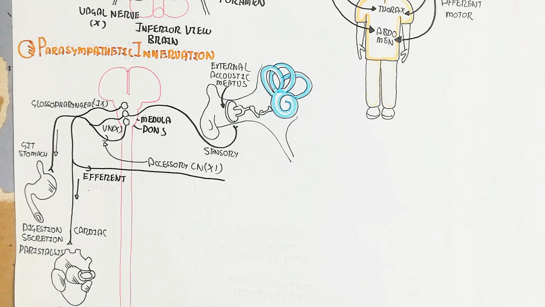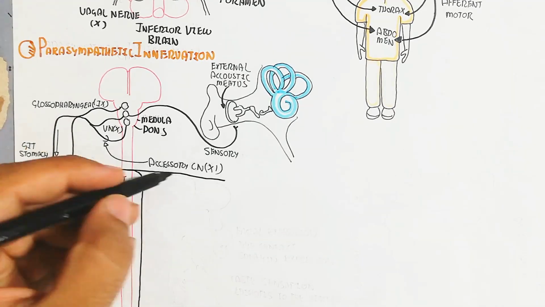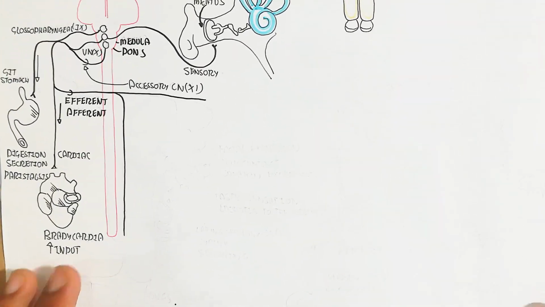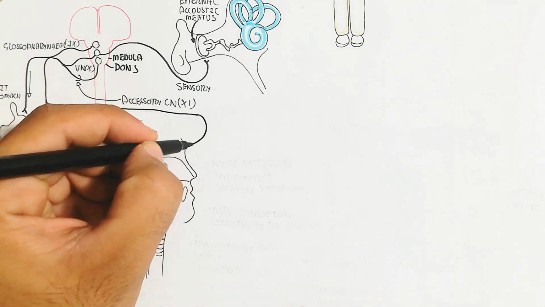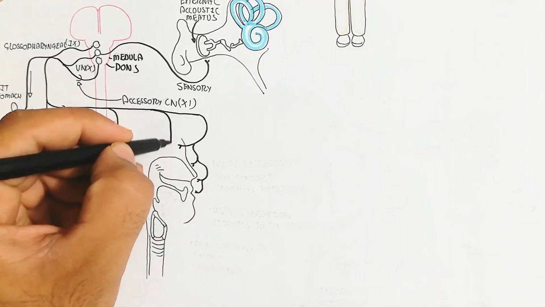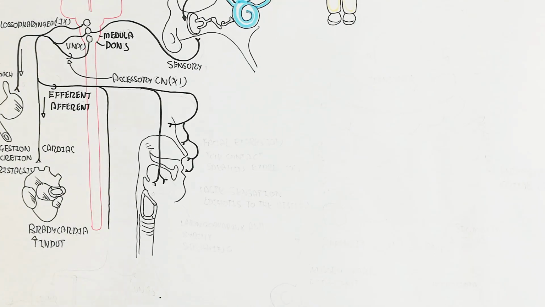The accessory cranial nerves are present here, and these are the efferent and afferent collectively, used for sensation and mobility of the organ.